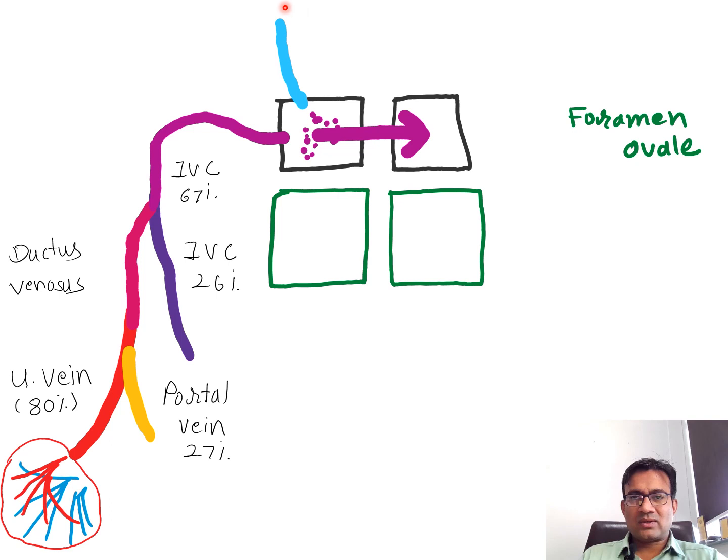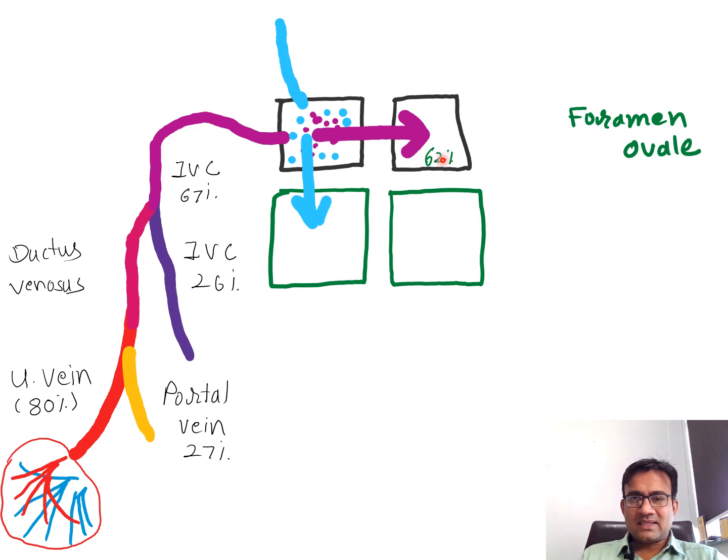Now from the head region, blood is coming, and this blood is comparatively more deoxygenated. Now this blood is going straight away from the right atrium to the right ventricle. I have told you, comparatively oxygenated.